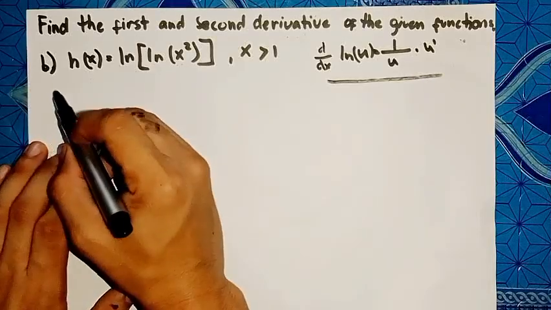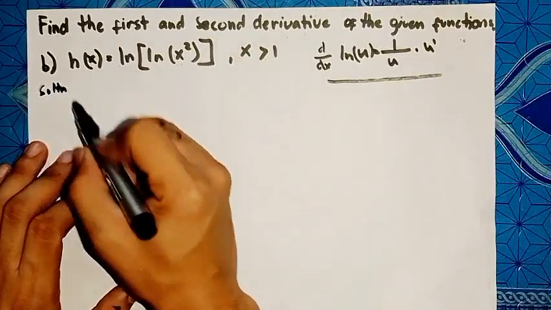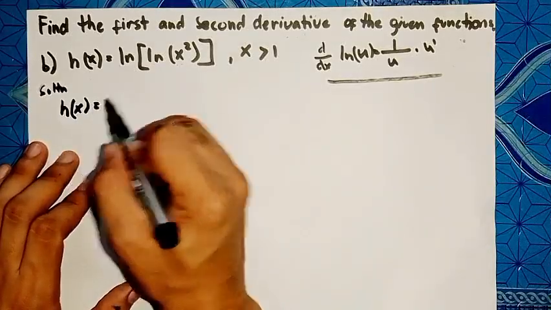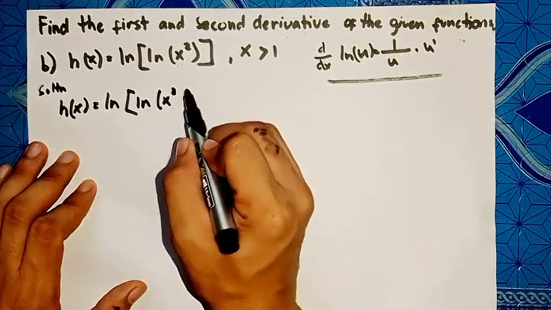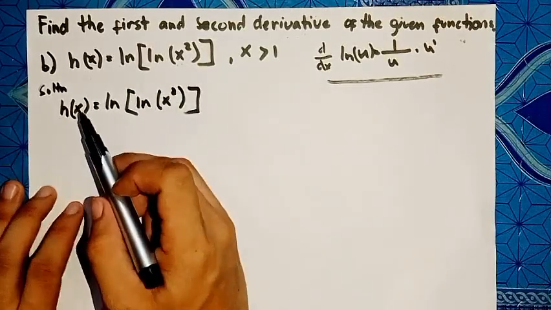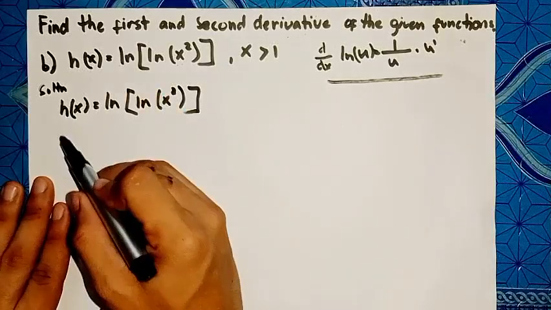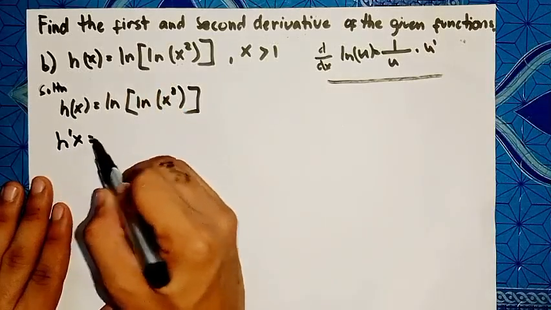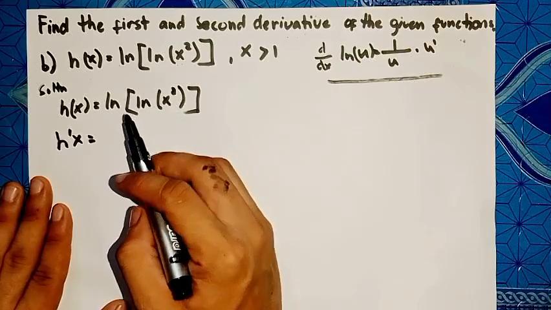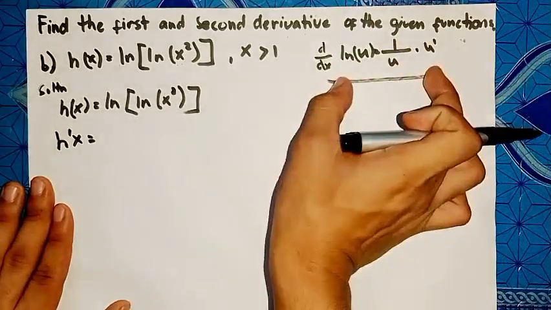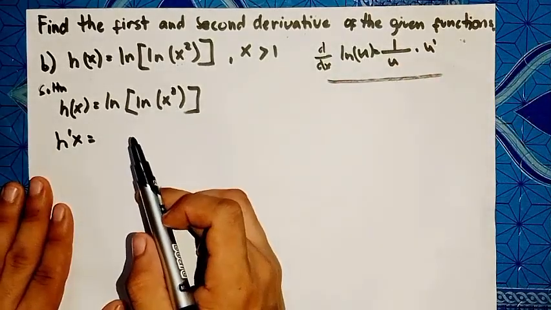So, solving, h(x) is equal to ln x squared. Now let's find the first derivative. So h prime of x is equal to, since ln x squared, we can apply this formula and also the chain rule.